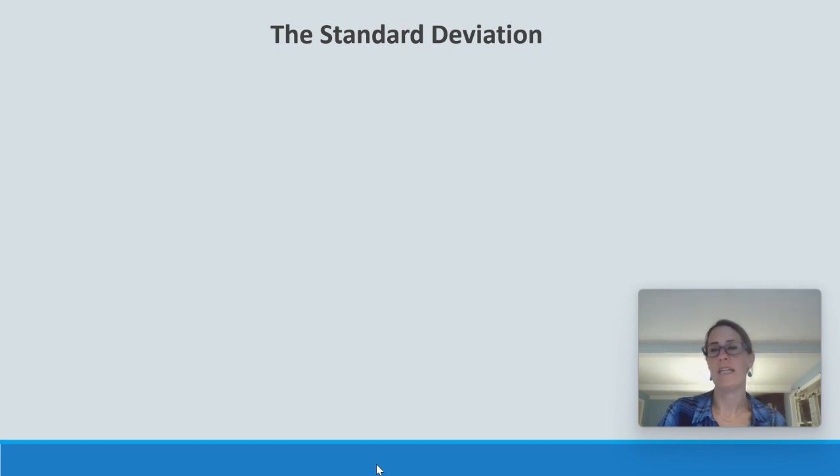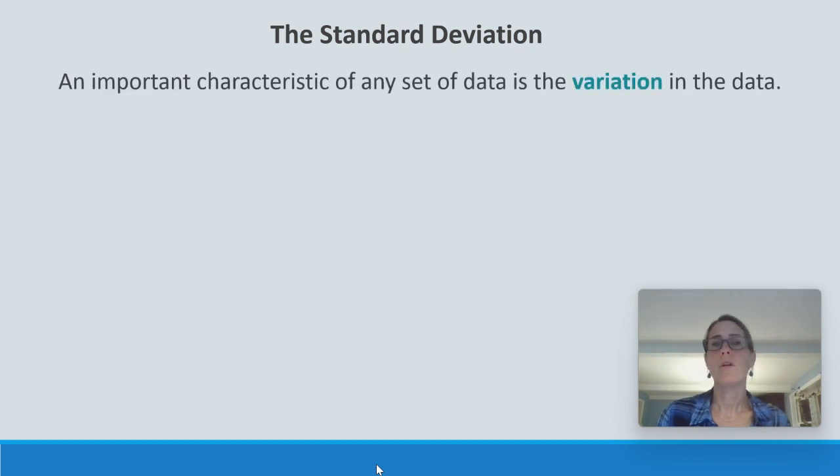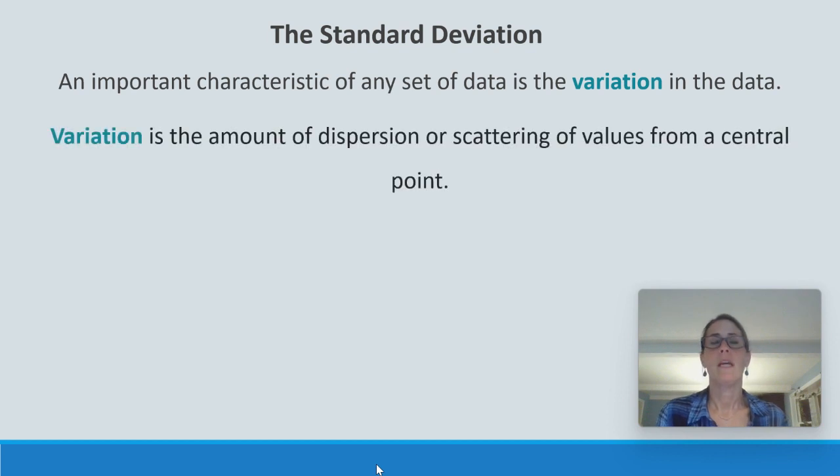So the standard deviation. An important characteristic of any set of data is the variation in the data, how much it varies from each other. It's the amount of dispersion or scattering of values from a central point.